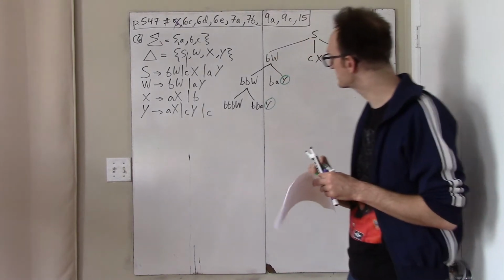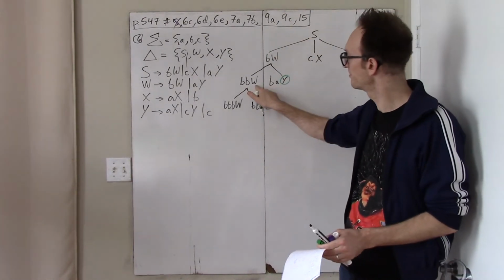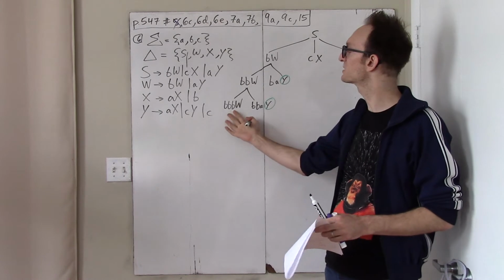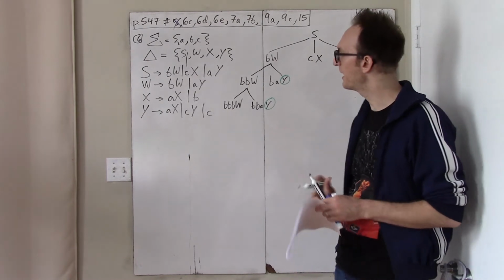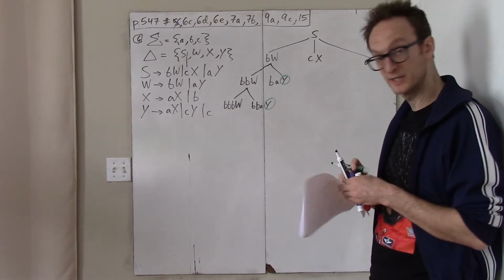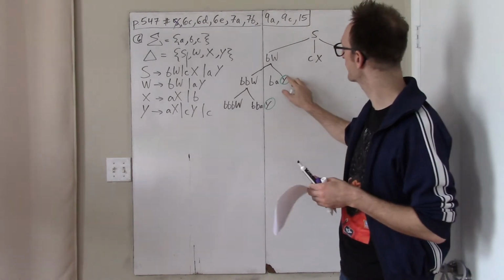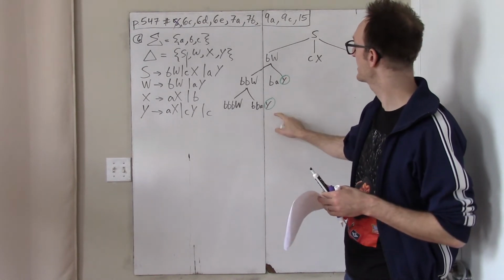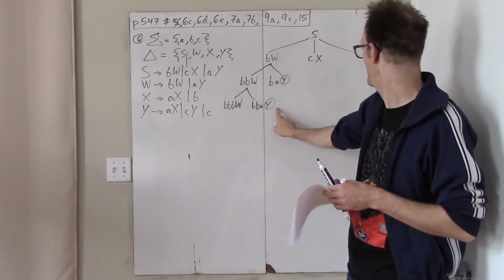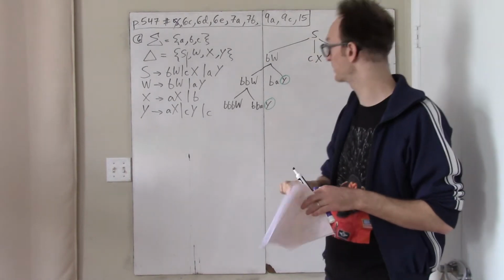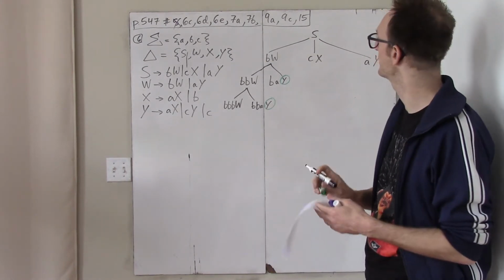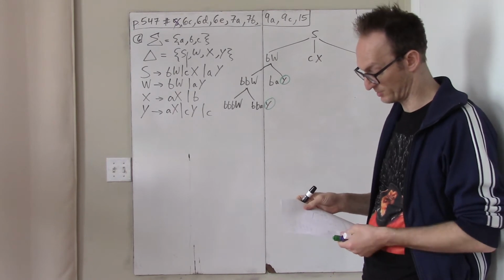I think I understand to an extent the W symbol, which is that one option is that it just keeps outputting B's. But how does it ever stop is a good question. And then there's also this branching that happens, which is that I begin following the Y variable. So I'd better understand what that Y non-terminal does before I continue on in this branch of the tree at all. Ugh, this is terrible.